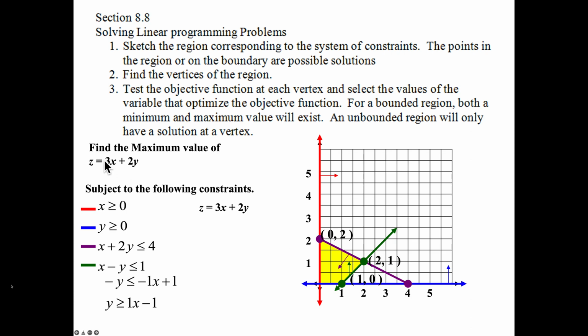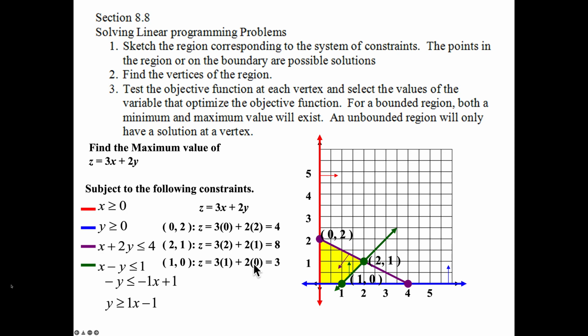So I take my objective function, and I'm going to substitute in the points. 0, 2, all right, 3 times 0 is 0, 2 times 2 is 4. Then I'm going to test 2, 1. 3 times 2 is 6, plus 2 times 1, 6 plus 2 is 8. Then I'm going to test the 1, 0. 1 times 3, that's 3, 2 times 0 is 0, so it's a 3.